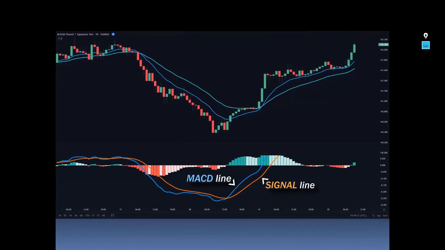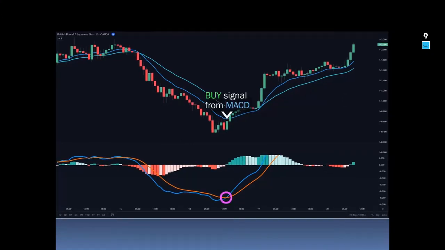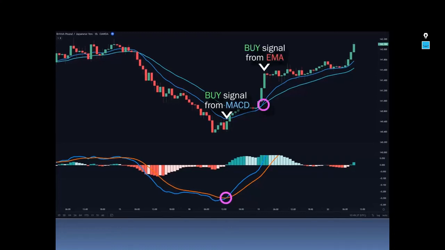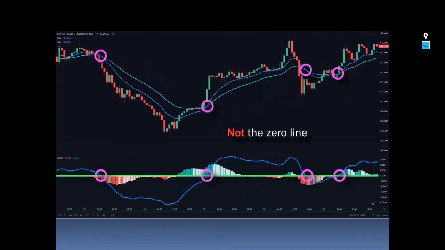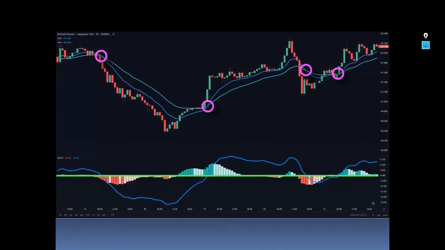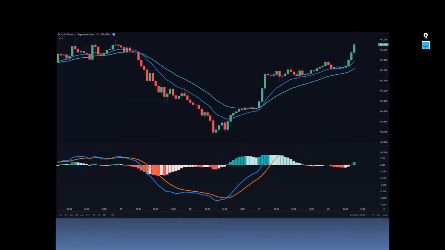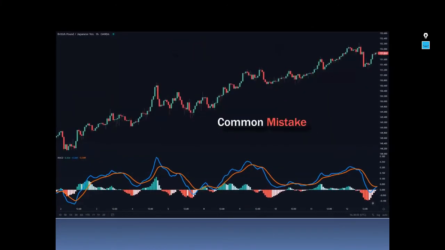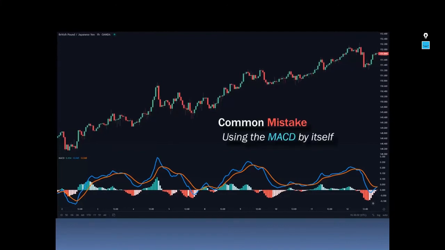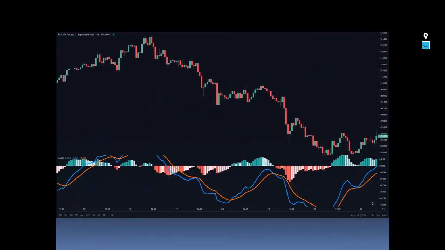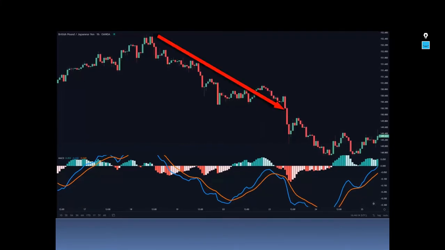As I said, that's a common mistake. For example, here, as you can see, the general momentum is downward. The trend is going down. That's the main thing. However, the MACD is crossing over upwards.